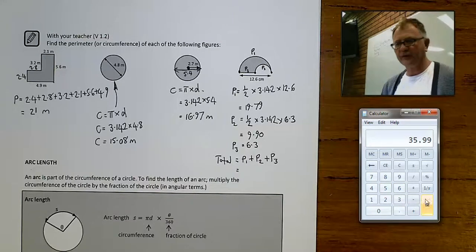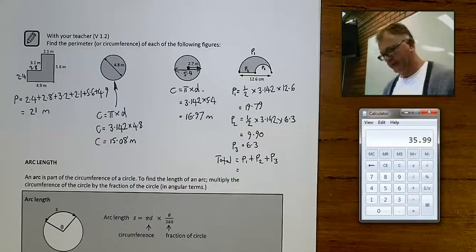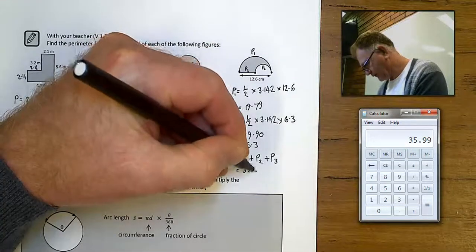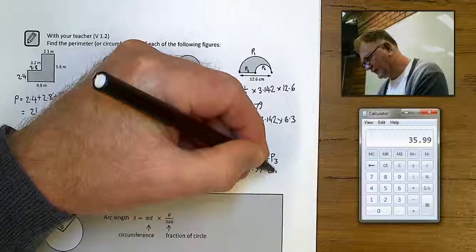Total perimeter of that shape is 35.99. And we were measuring this one in centimetres.